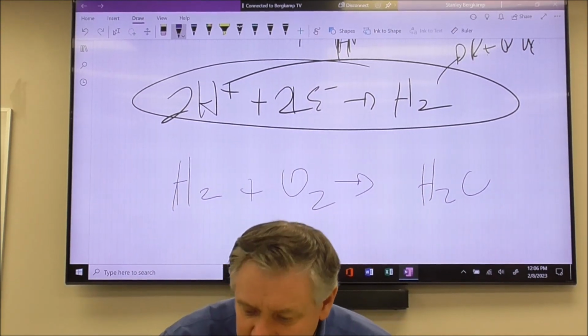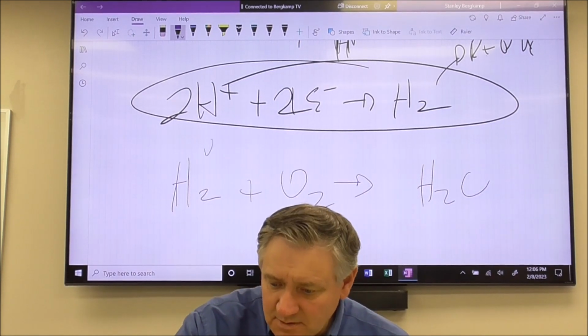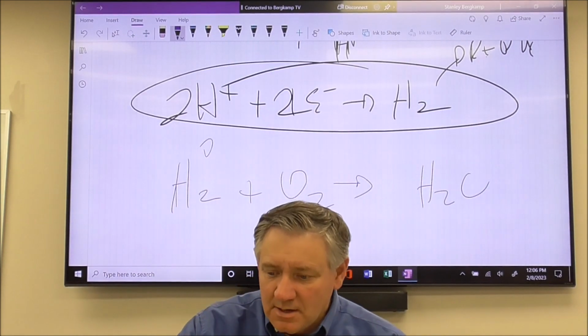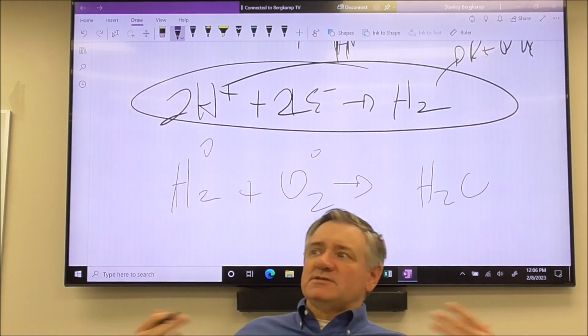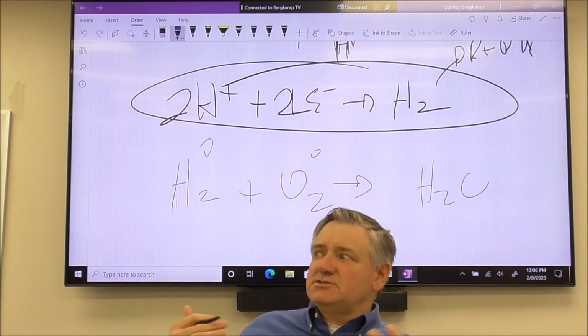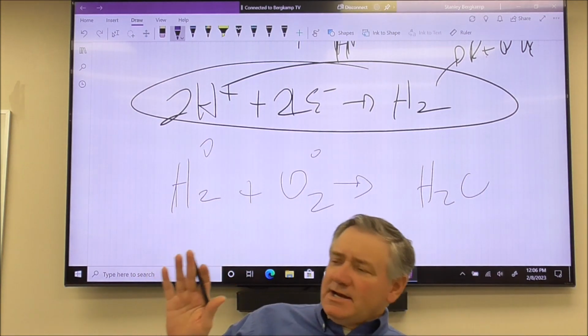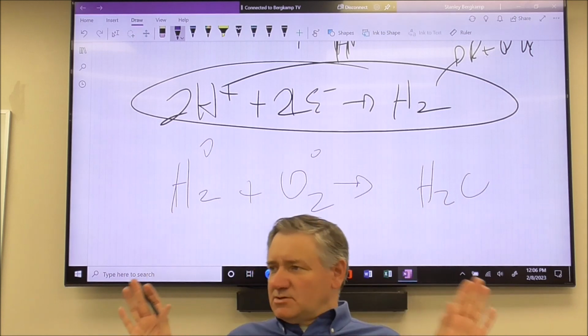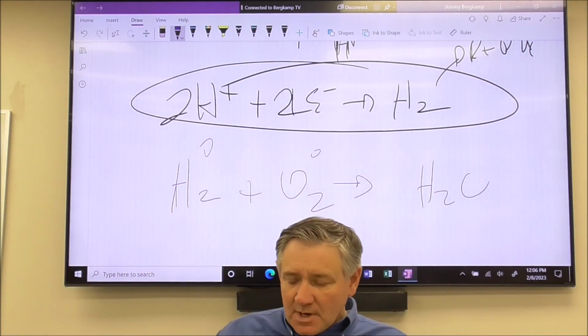So what's the oxidation state of hydrogen as elemental hydrogen? 0. What about oxygen? 0. So the air that you breathe right now, you're breathing in all of this oxygen gas. That has an oxidation state of 0. It's stable. It's diatomic because it's more stable that way.